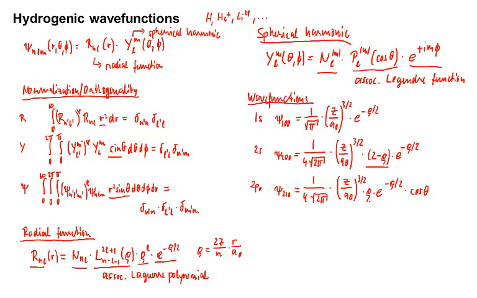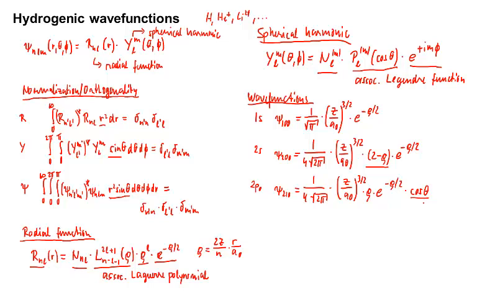When a hydrogenic atom is in this state, the electron is never at the nucleus, even though electron and nucleus attract each other. The reason for this is that in this state, the electron has angular momentum, and the centrifugal forces keep the two particles away from each other. In addition to the radial dependence, we now also have a theta dependence from the spherical harmonic, cosine theta.